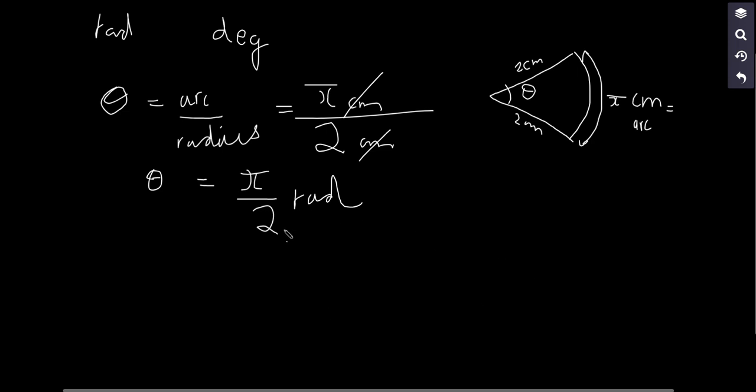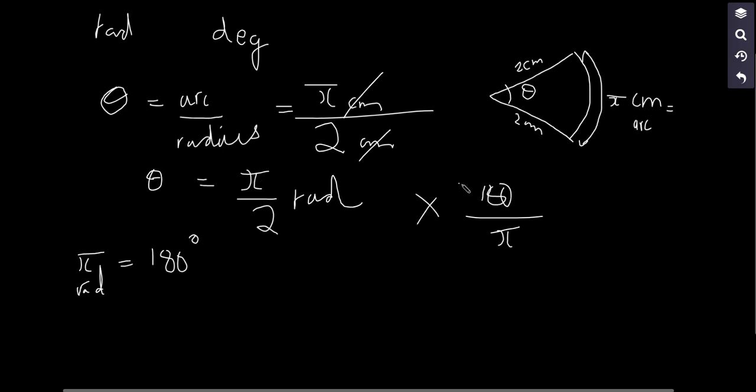Now what is pi by 2? We know that pi is equal to 180 degrees or pi rad. What did I say? To convert radians to degree, you should multiply it by 180 by pi.